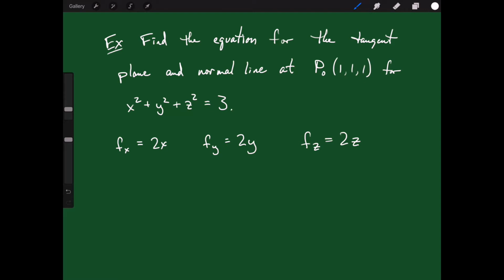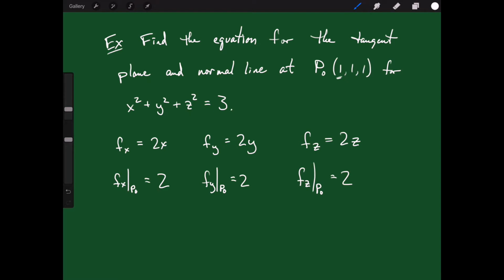Now I could say, well, what if I plugged in the point P0? So what's the partial with respect to x evaluated at P sub 0? Well, that would just be 2, because x is equal to 1. The partial of y evaluated at P0 is also going to be 2. And the partial with respect to z at P0 is also going to be 2.